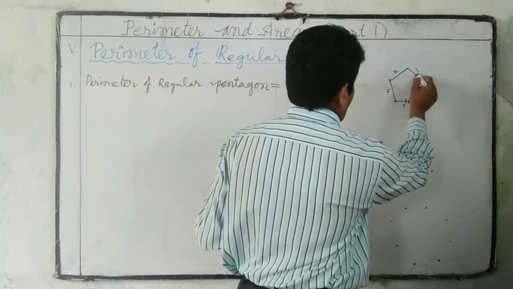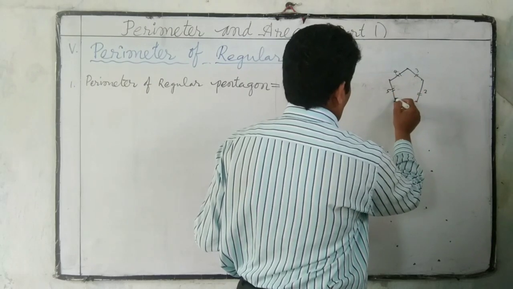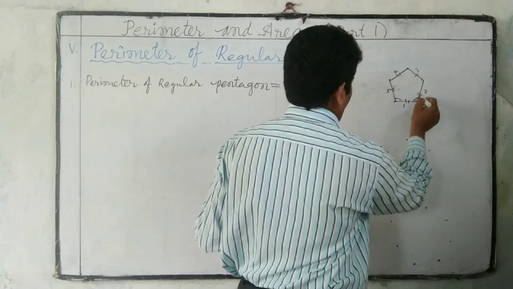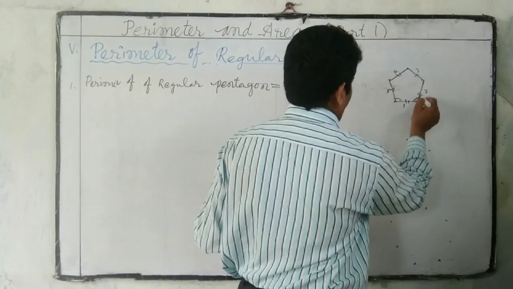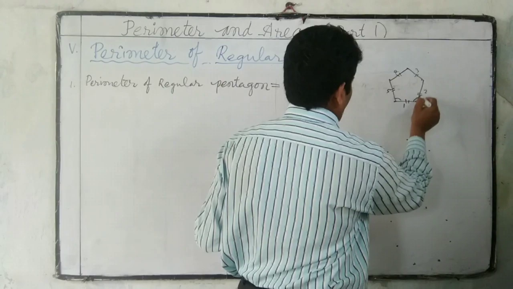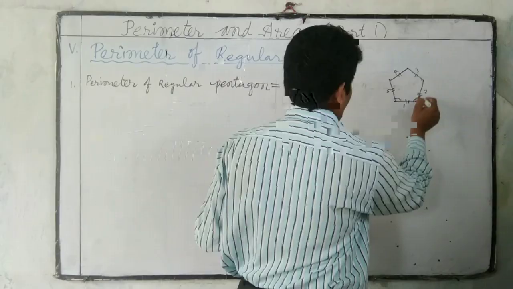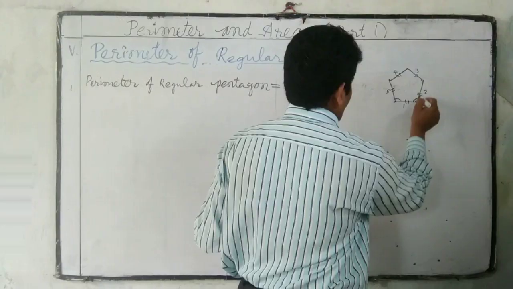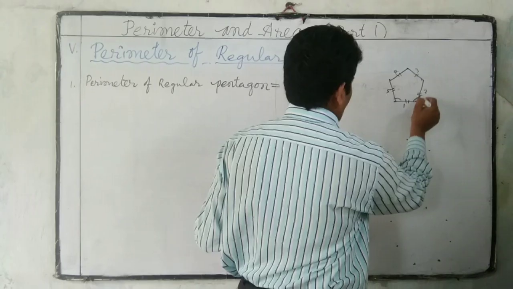All sides are equal and all angles are equal. So it is a regular pentagon. Perimeter of regular pentagon is equal to 5 into length of any side, as it has 5 sides.